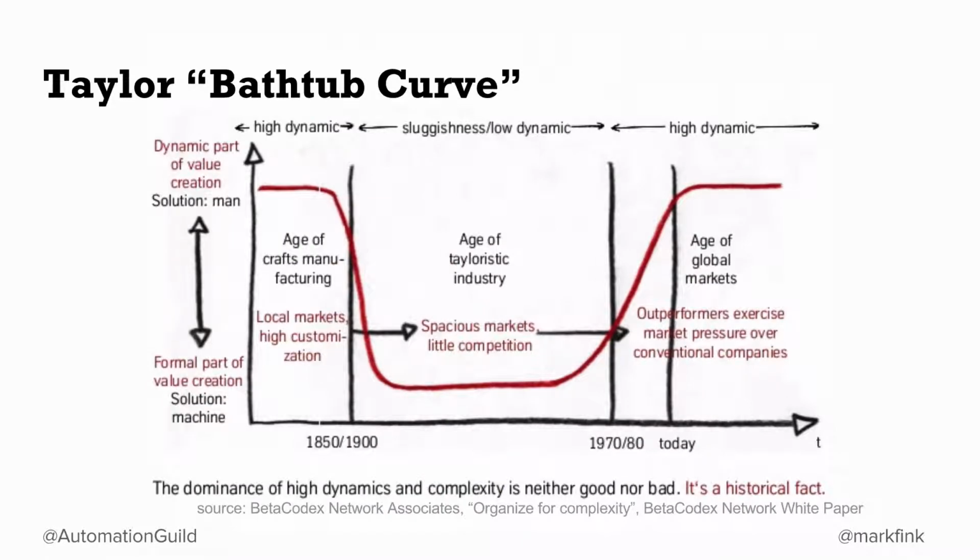For that, I want to introduce the bathtub curve. At the timeline on the left, we see the pre-industrial era. Markets of tailor-made solution. Next, the industrial era. Practically unlimited markets. As a business, I am limited only by my own capacity. I'm striving for cost efficiency and to scale production.